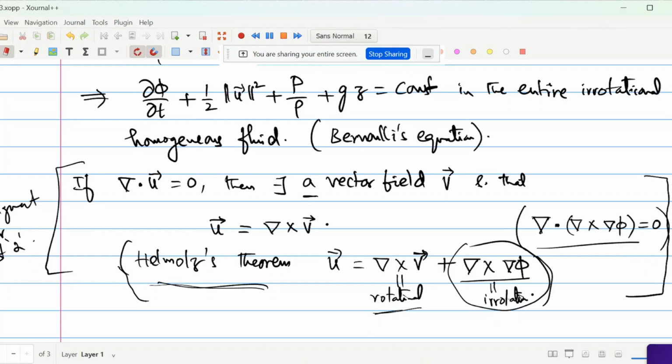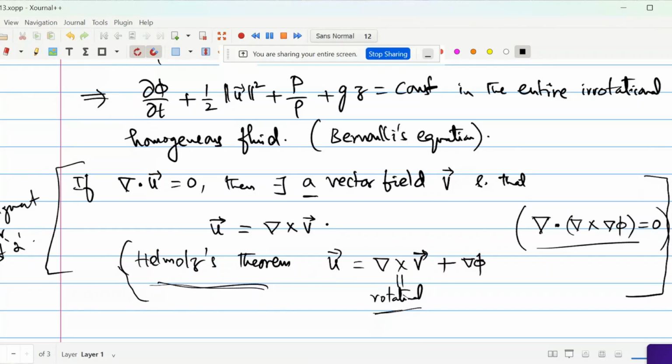So the irrotational part is basically some phi. I think I wrote it wrongly yesterday. If I see equation number 10 in your Helmholtz PDF, you should write it like some gradient of phi.